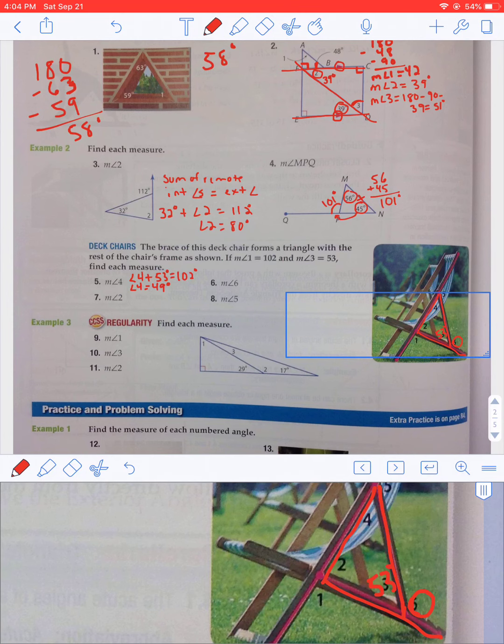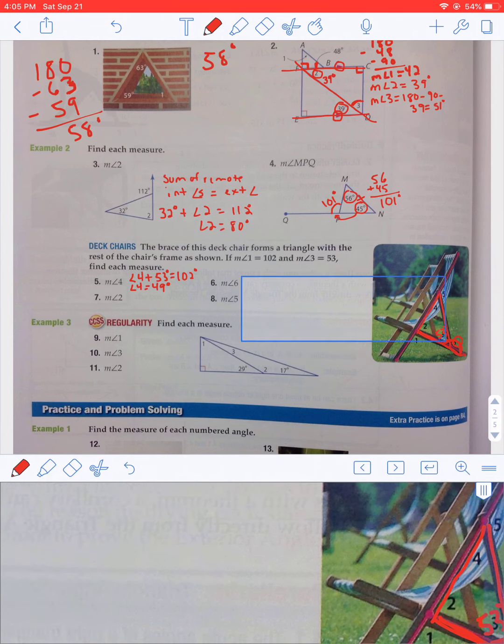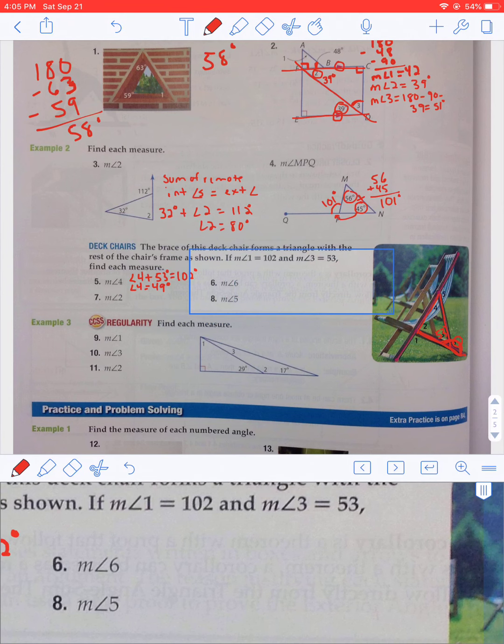And if you'll notice, they're asking about angle 6, but they gave us angle 3, which was 53, and remember I told you earlier that these are a linear pair, because they're side by side and they're formed along this line down here. So all we've got to do is take 180 minus 53 and you can get the answer for angle 6, which happens to be number 6.